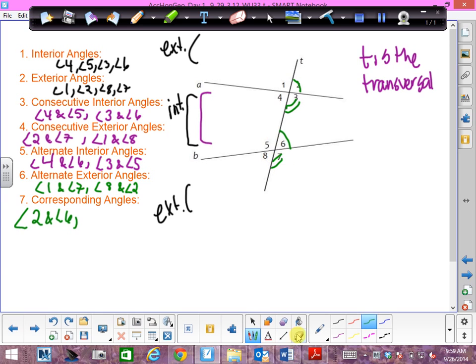They're not necessarily congruent. Let me erase that so I'm not confusing anyone. I just want to mark them differently. Angle 3 and angle 7 are both on the same side of the transversal, and they are both underneath the two lines. So those are a pair of corresponding angles. And so then on the left side, we've got angle 1 and angle 5. And then we have angle 4 and angle 8.